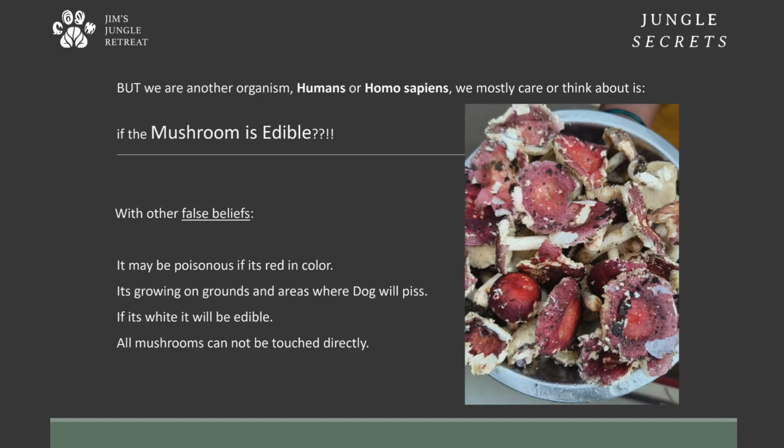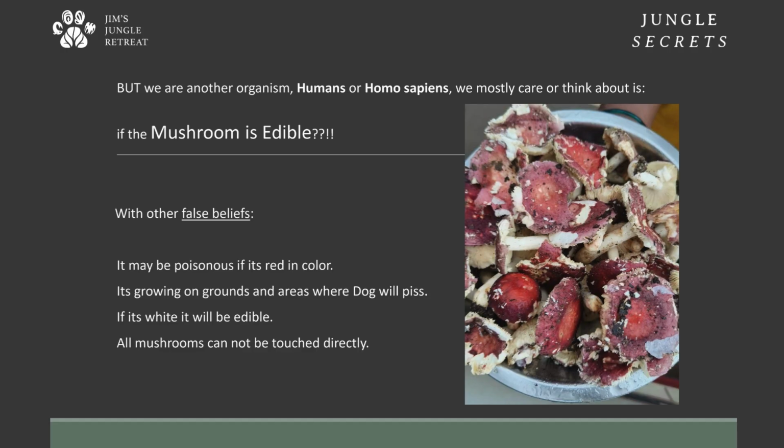Generally when we think about mushrooms, we have a lot of false beliefs. Being in a country like India, we are heavily influenced by Ayurveda, and while Ayurveda is not fully understood, I also understand that a lot of false information goes around it, where mushrooms are called tamasic.